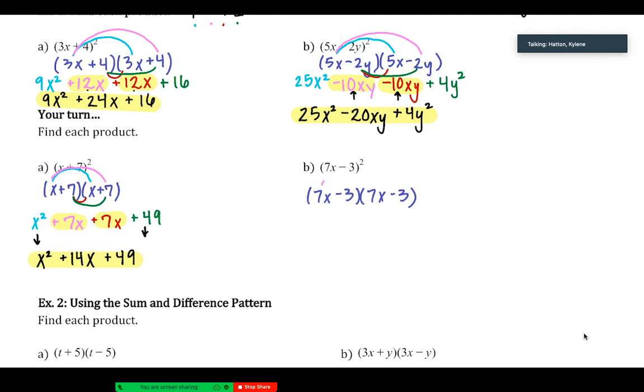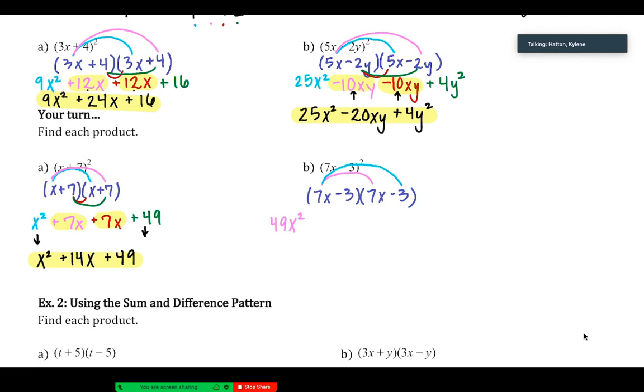So FOIL will multiply the first term in each parentheses together. So in this case, it's 7x times 7x, which 7 times 7 is 49. And then the x times x becomes x squared. And then we'll multiply the last term in each parentheses together. So 7x times negative 3.